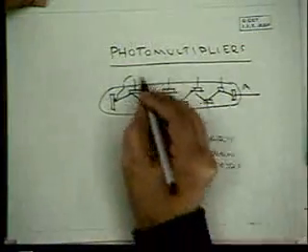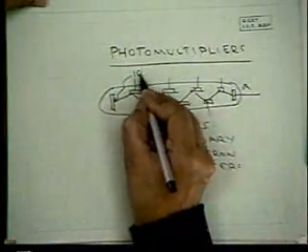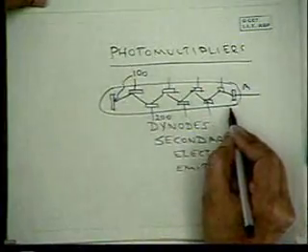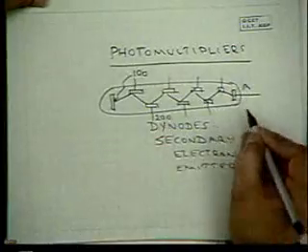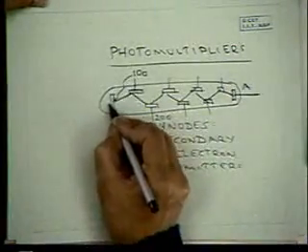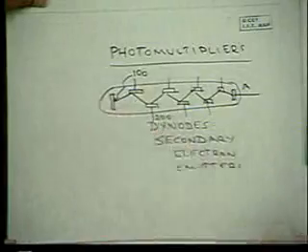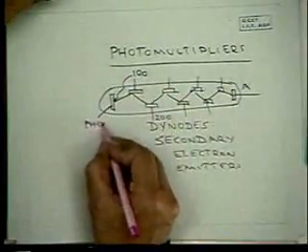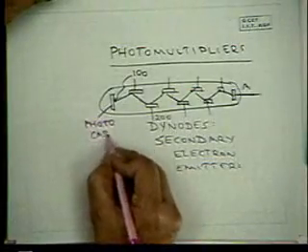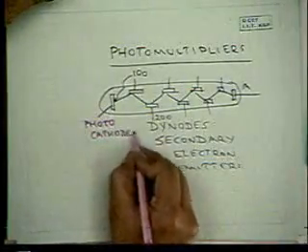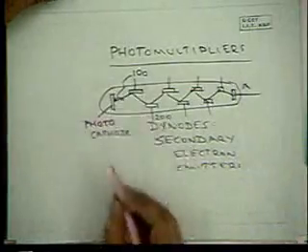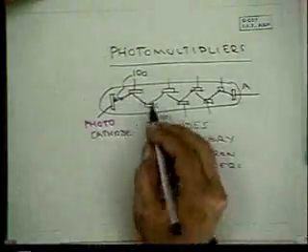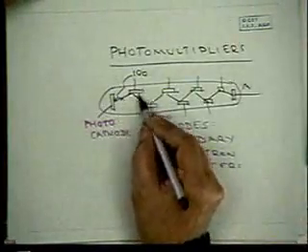These dynodes are kept at increasing voltages. Say this is 100, this is 200, etc. If you have a 10 dynode photomultiplier, then you have this maybe at 1000 volts. This is the photocathode, from which the initial electron is emitted, and each dynode can give you a multiplication of one electron.